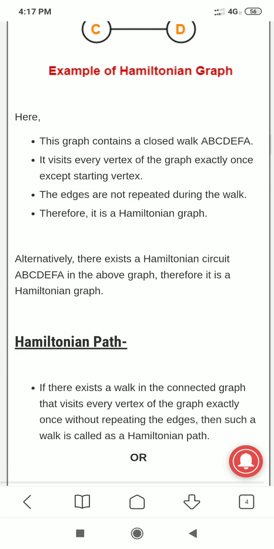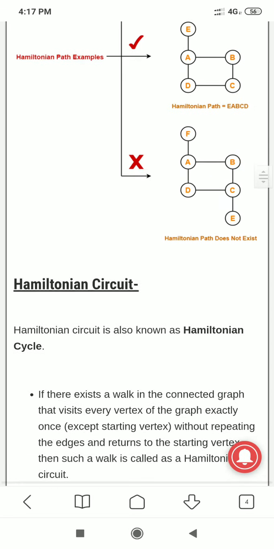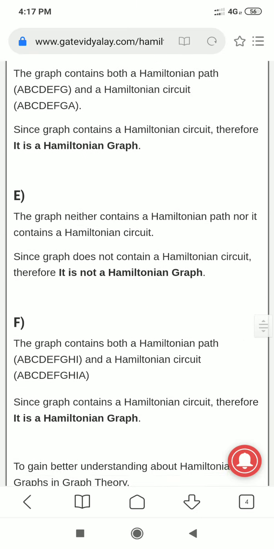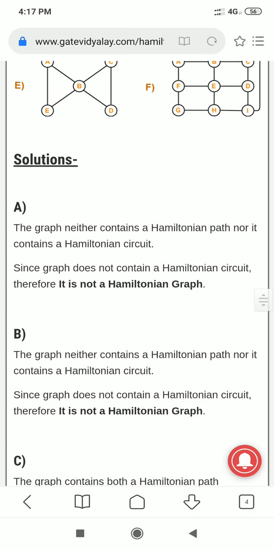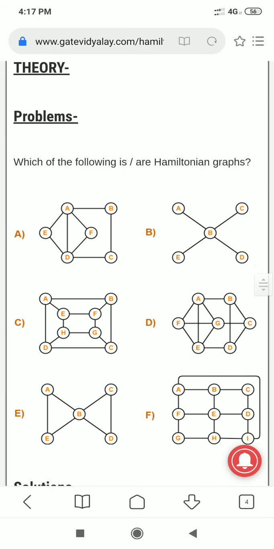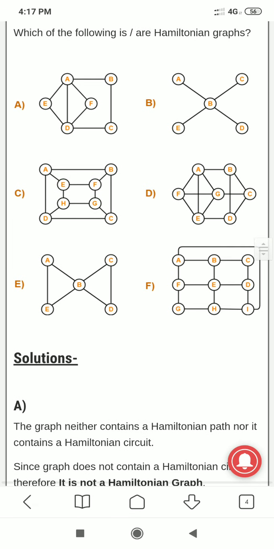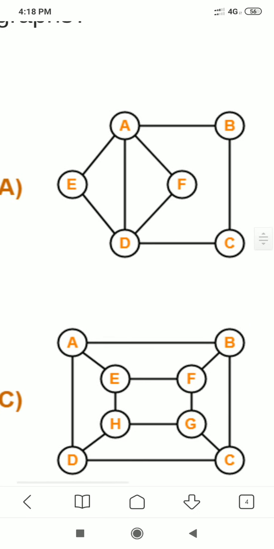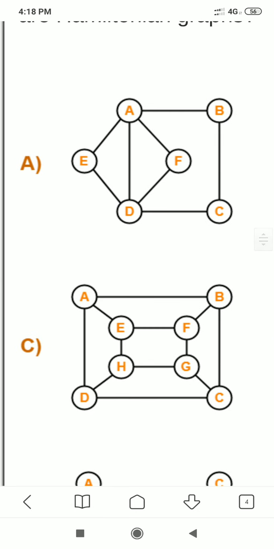Now there are several problematic examples. For example, in figure A, you will find a graph and you have to check whether it is Hamiltonian or not. To call it a Hamiltonian graph, you have to construct a Hamiltonian cycle and try.